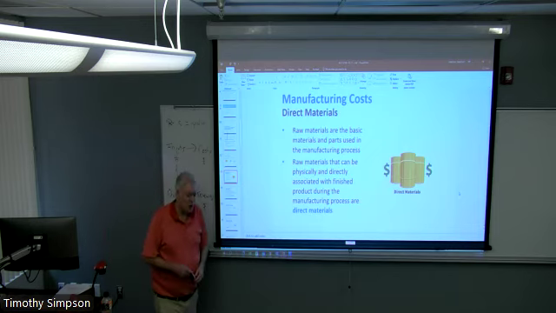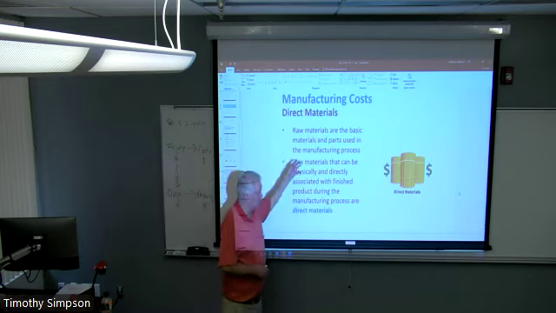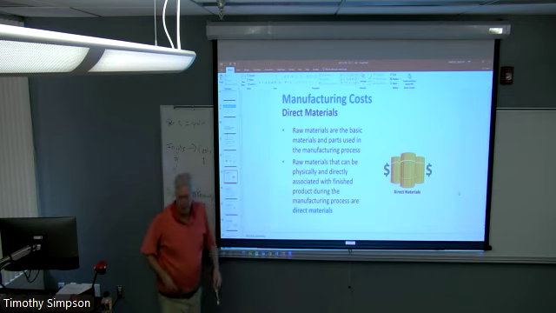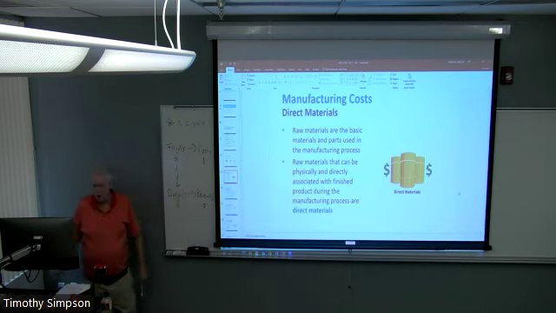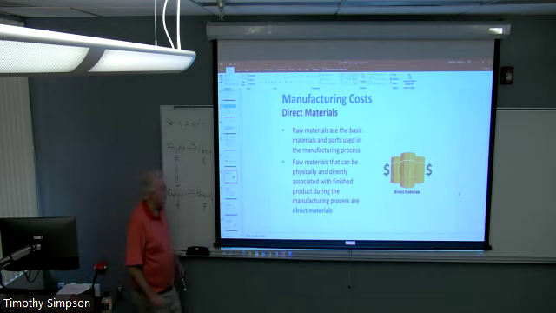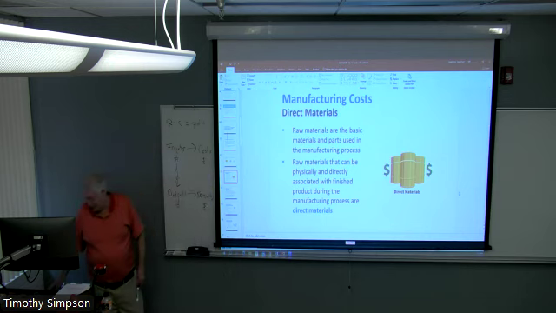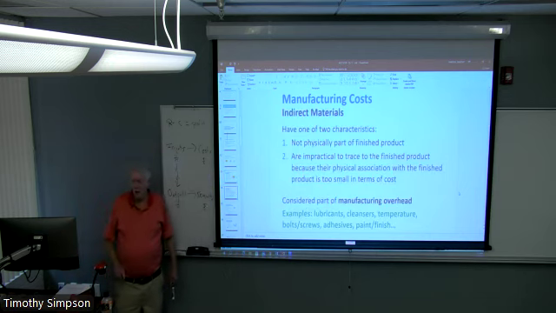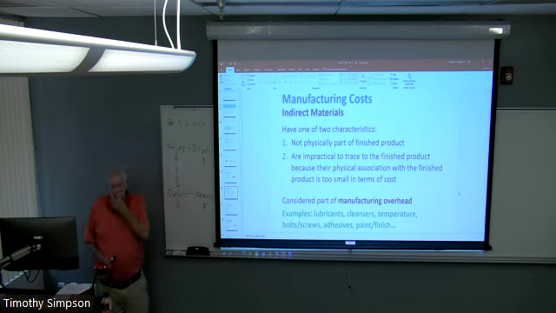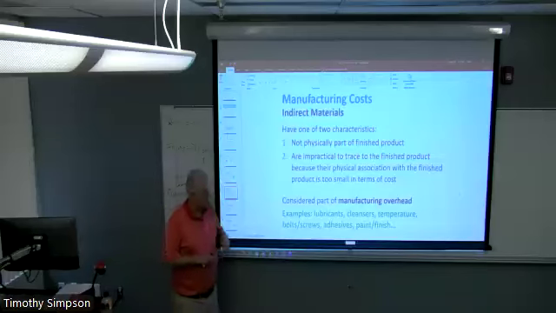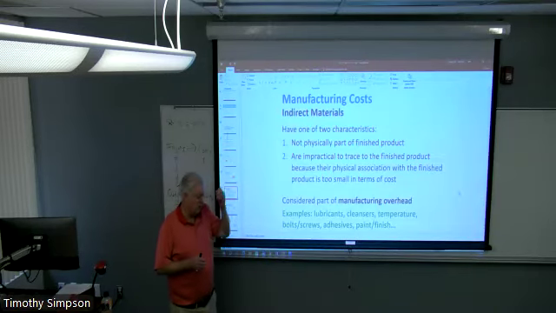That term itself is not used very much in this textbook, but it is what's going on. It has long been a challenge in accounting to determine what it costs to make a product, and it's a question that we ask a lot of ourselves. All right, since we're talking about materials here, by the way, the way these slides are organized is we're talking about materials, direct, indirect, labor, direct, indirect, and then we get into overhead.